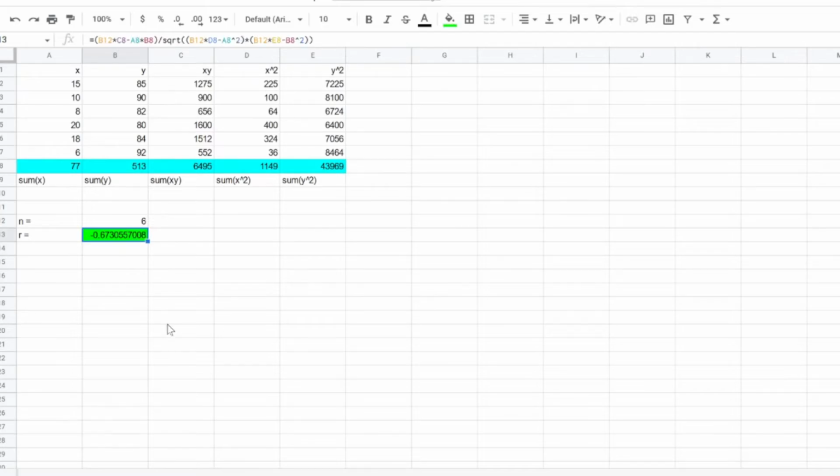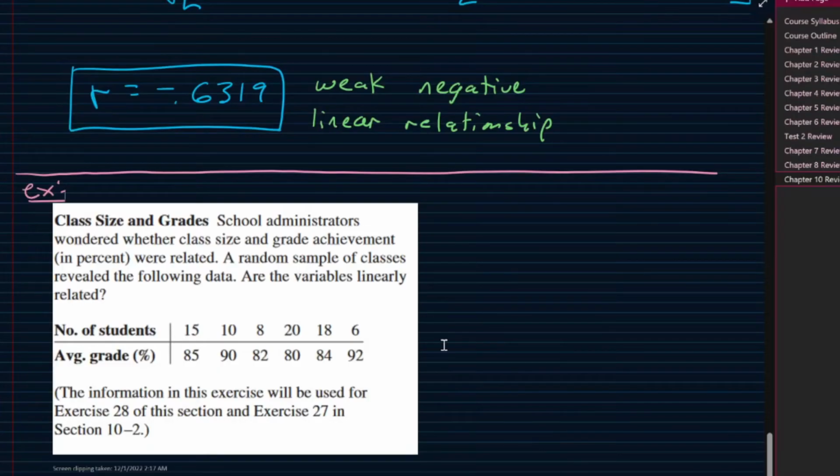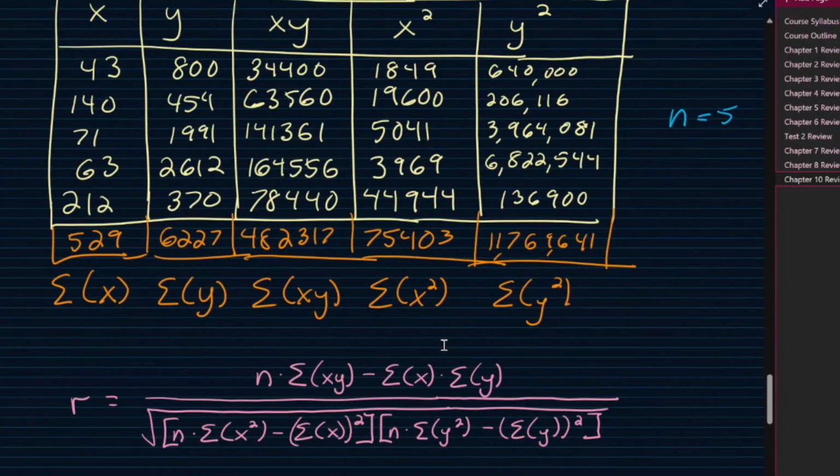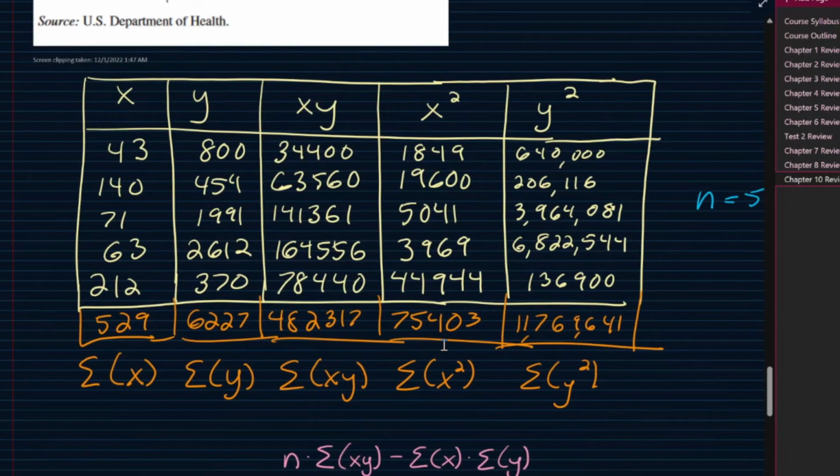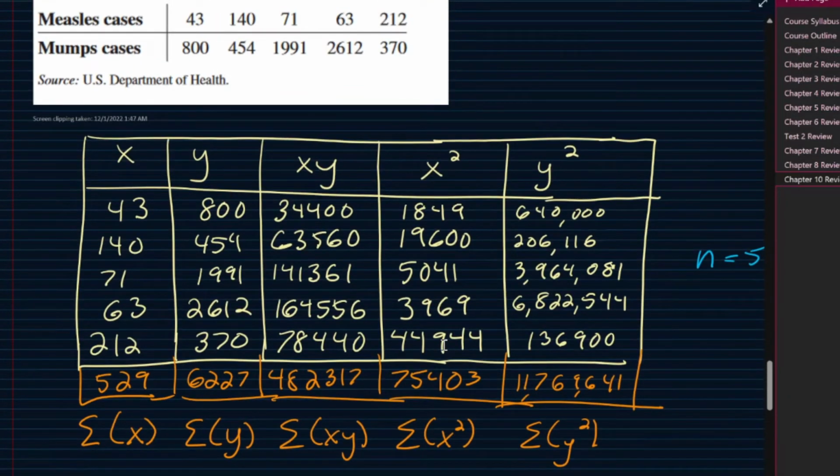Okay, so we end up getting our correlation coefficient here, negative 0.6731 approximately. So I want to show you guys how to do that on Excel. You really want to use Excel for these, especially when the numbers are insanely big. It's very likely you can make an error.